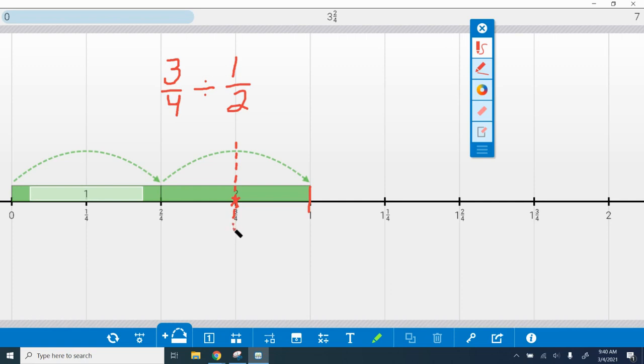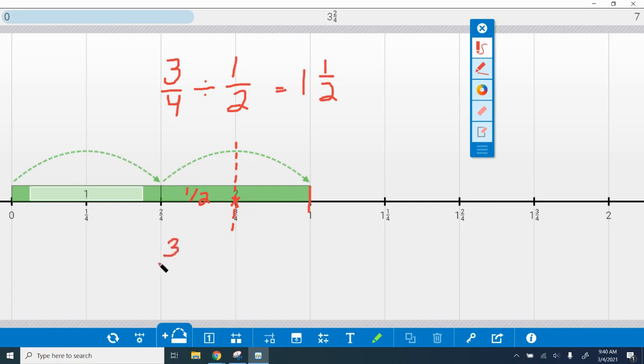So I don't have a whole group in addition, but I have another half of a group, don't I? So how many groups of 1/2 are in 3/4? Well, there's 1.5.